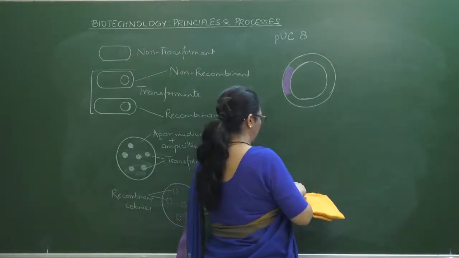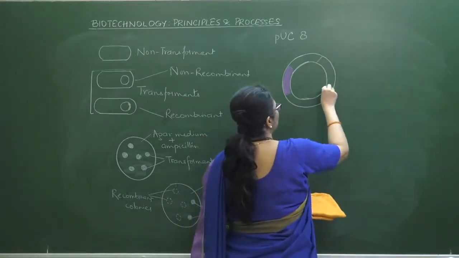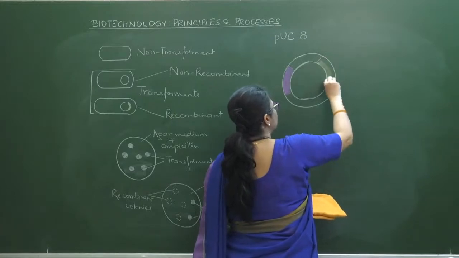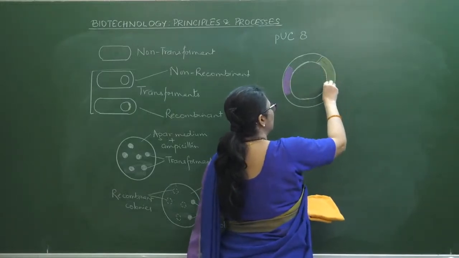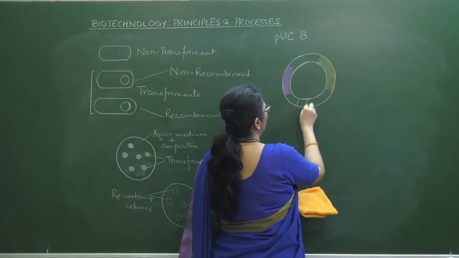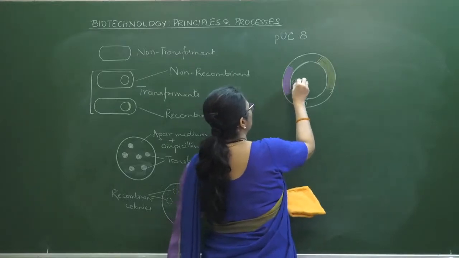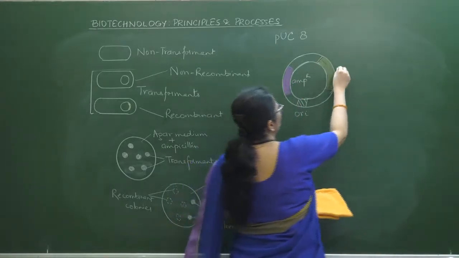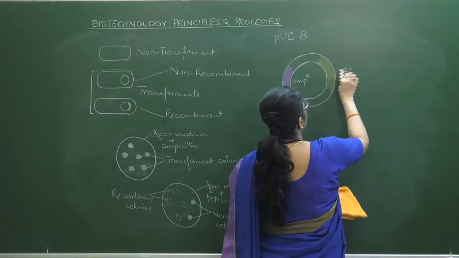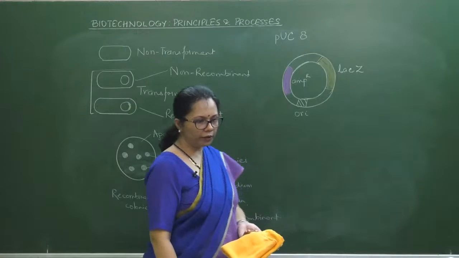But instead of the tetracycline resistant gene, what has been taken is lacZ. And ORI is there. This is ORI, this is the ampicillin resistant gene, and this one here is lacZ, whichever way you can call it.